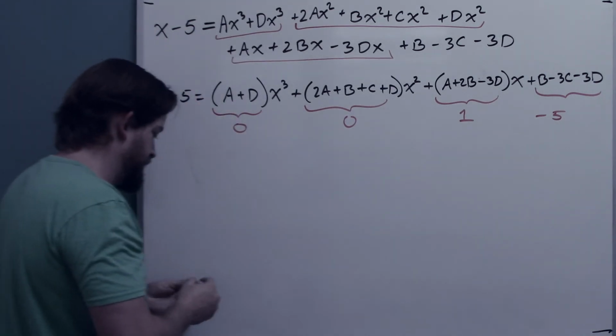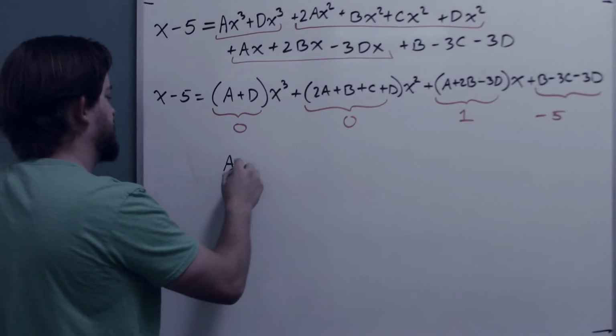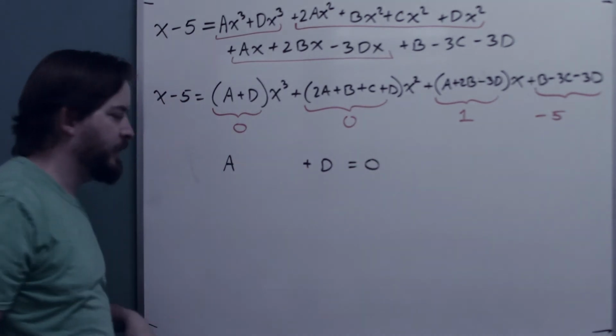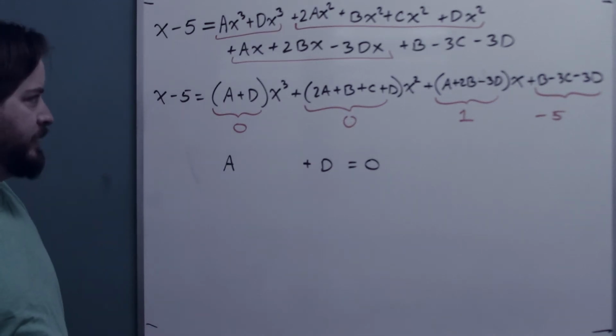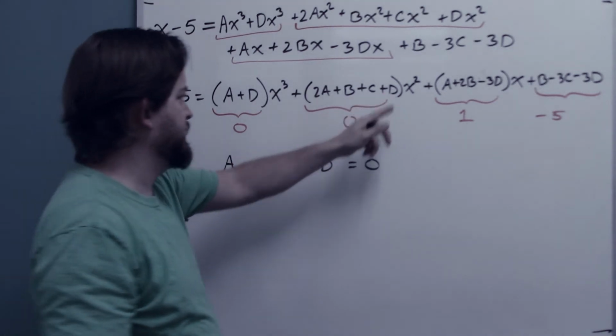Those equations are a plus d equals 0. I'm going to write it funny for a little bit, and then there's going to be an aha moment. The other one is 2a plus b plus c plus d equals 0.